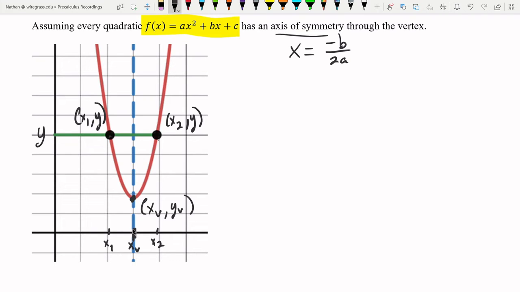And so I want to use what's called epsilon. So this distance here I'm going to define as epsilon. Because it's symmetric, that means that this distance here is also epsilon.